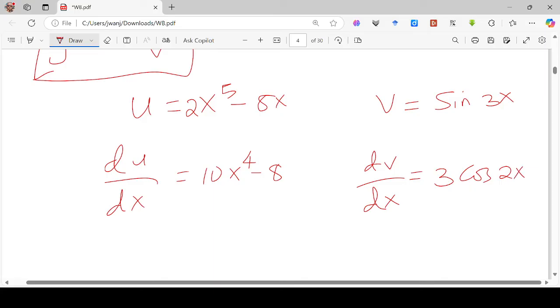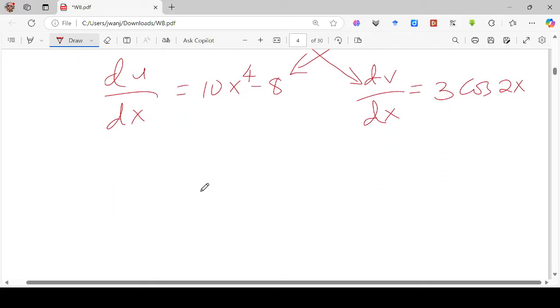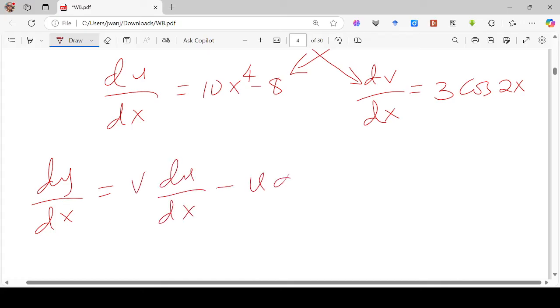So now we are going to multiply v with the derivative of u and u with the derivative of v, then subtract. So we write dy by dx is equal to v du by dx minus u dv by dx, the whole of that divided by the square of v.